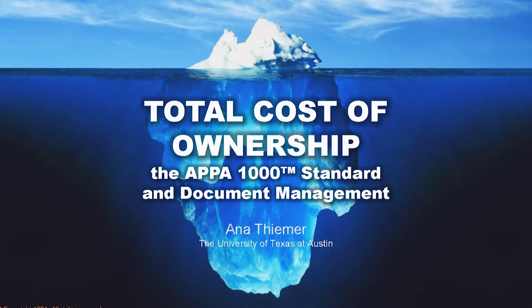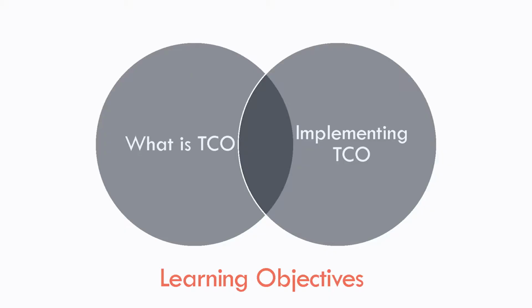So we're going to talk about what is total cost of ownership and how it aligns with document management. And then I'm going to try to touch a little bit on implementing TCO in regards to some of the technology that's used there.